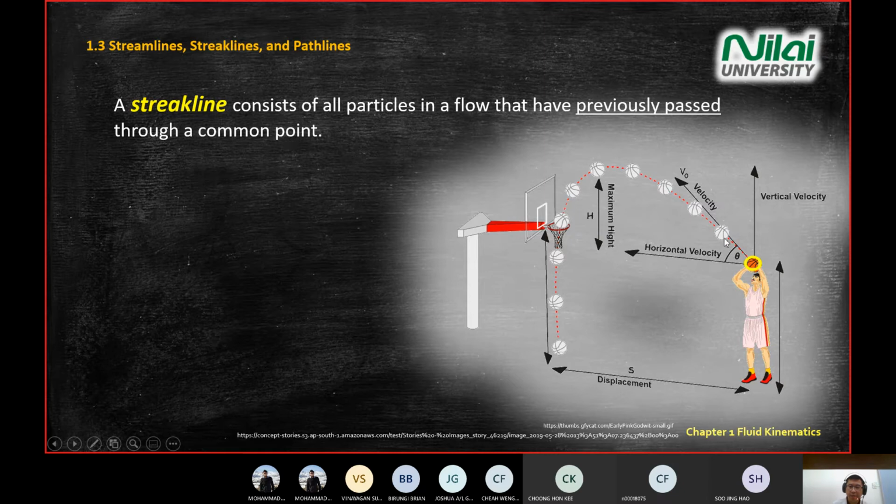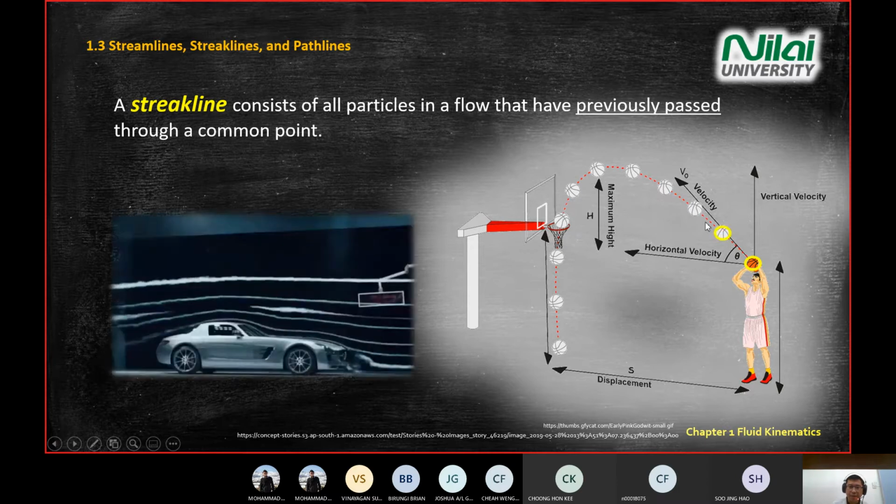Means all these are the common point. Okay, you see this one, right? So these are wind tunnel simulations with smoke. You see the smoke, especially the third line on the screen here. If you follow this one, this is a streakline. You see this one?